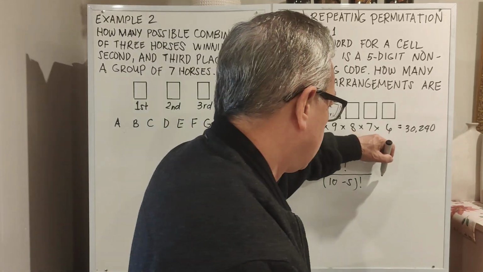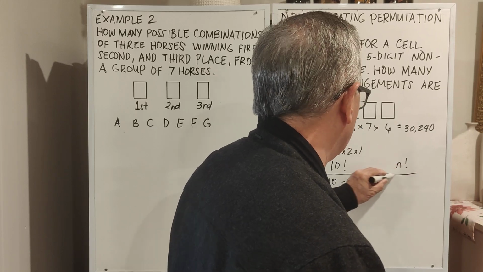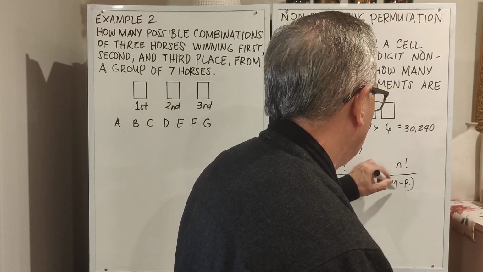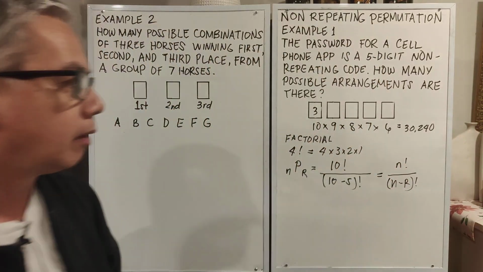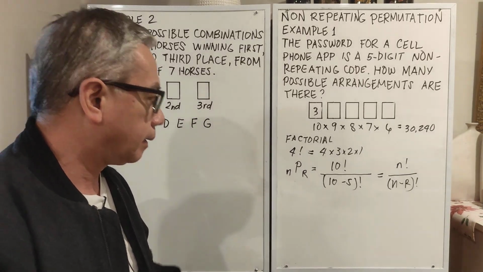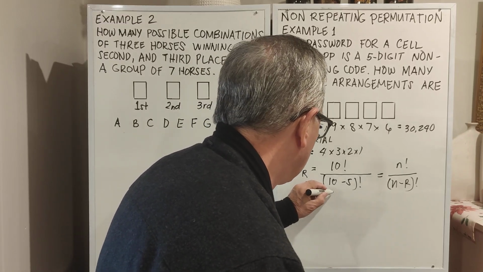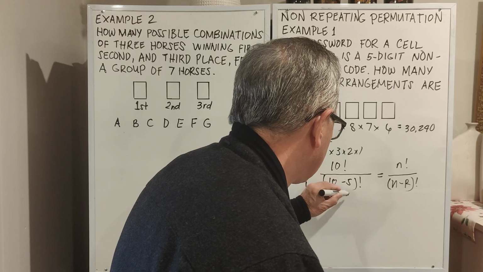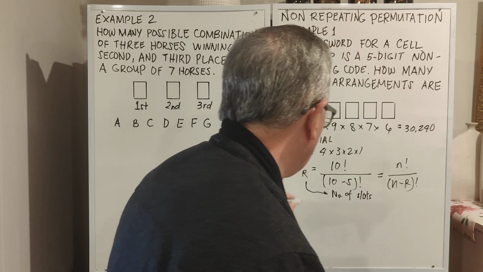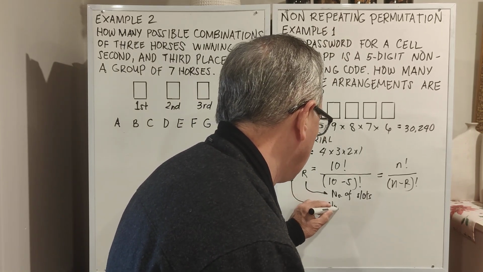So if we apply it to this formula, this becomes n factorial over n minus r factorial. So we now have a formula for a non-repeating permutation, where r is the number of slots available, and n is the number of choices.